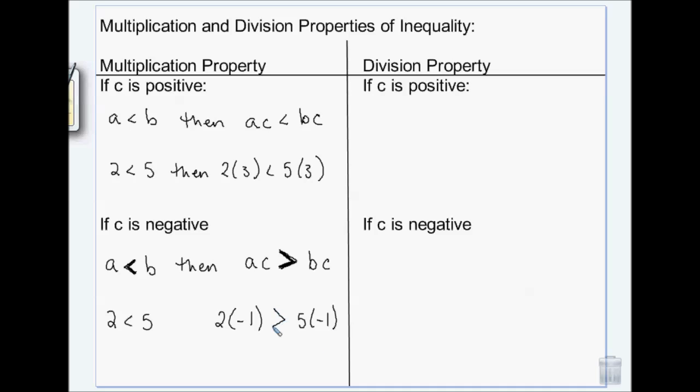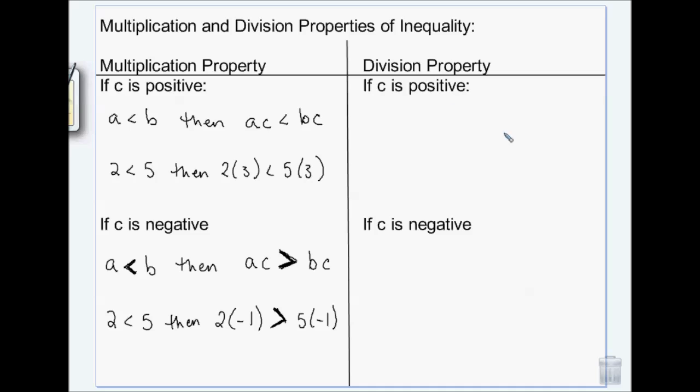Negative 2 is greater than negative 5. So whenever you multiply by a negative, what you've actually done is you've essentially turned yourself around on the number line. So you have to flip the inequality.